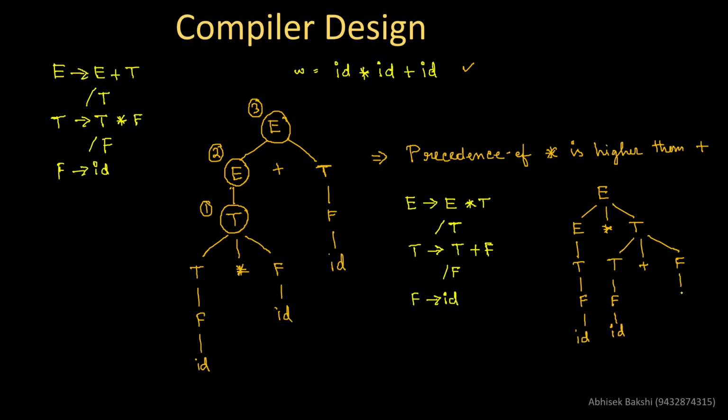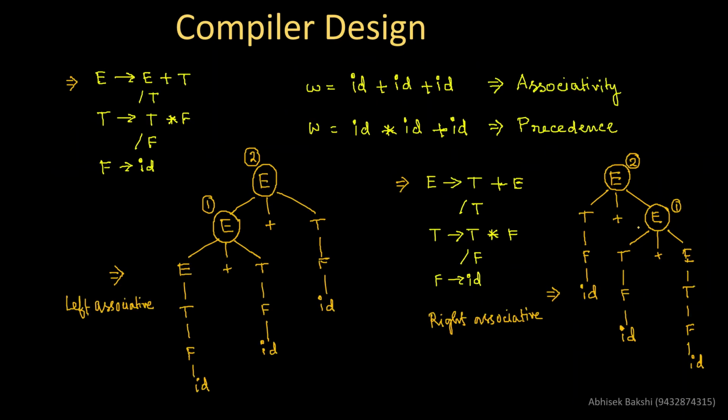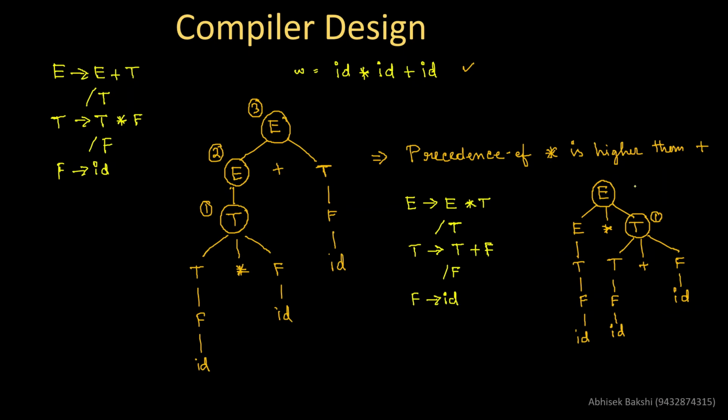This F is associated with ID, like this, right? But one thing you see here, when you parse this, E is not possible to calculate unless you have calculated this T part. That means this will be calculated first. Obviously, we have seen this. The higher level is calculated first, then the lower level, then this one. And interestingly, the T which is calculated first is associated with the plus operation.